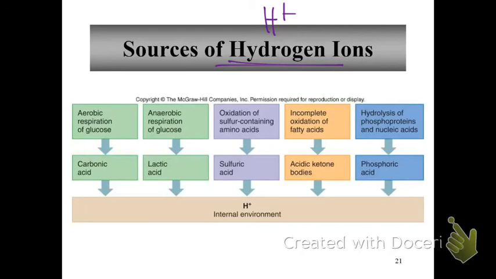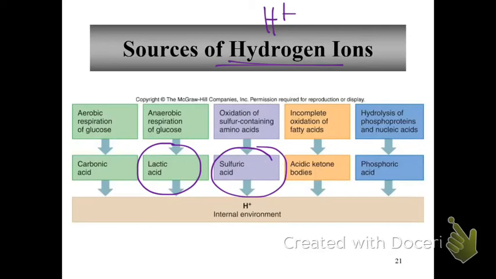The 5 sources of hydrogens are going to be glucose metabolism with aerobic and anaerobic. But you can see from the picture, this lactic acid, that's going to be your anaerobic. Breaking down sulfur, breaking down amino acids.